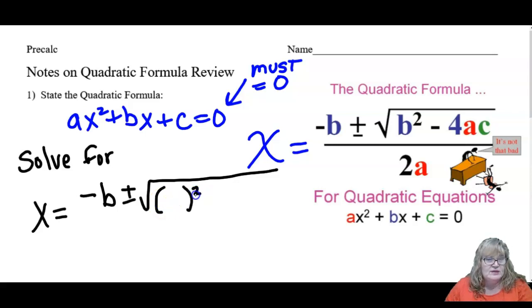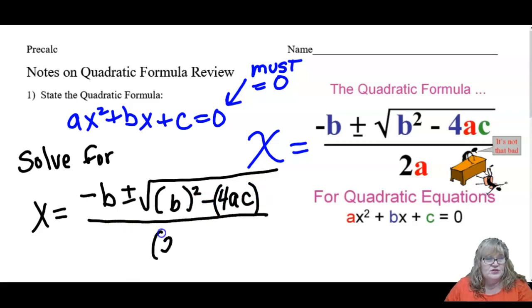And the squared goes on the outside. So it is b squared, and then it's minus 4 times a times c, and you're going to multiply all those things together before you subtract. And it's all over, and you have to do 2 times a before you can divide. If you were doing it in your calculator, you could do a whole extra parenthesis there, but I highly recommend you do this in a couple bits and pieces.